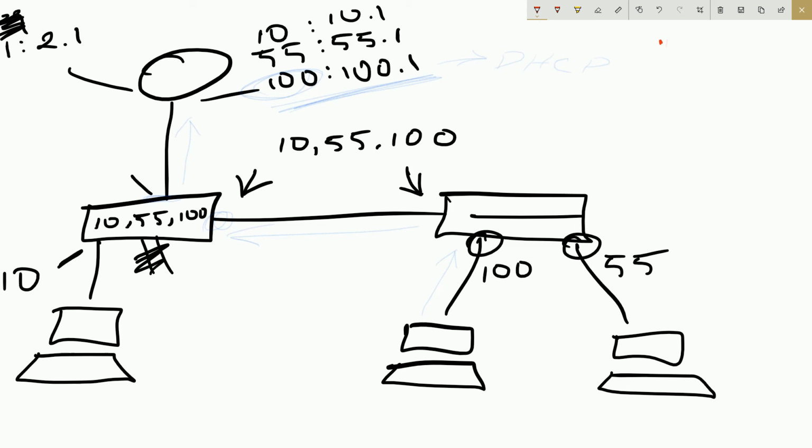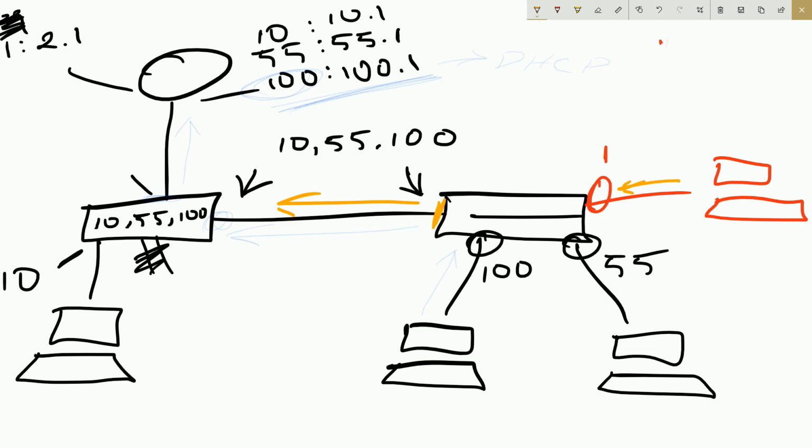Now, bonus points, if we put another PC over here and we assigned this port, or did no assignment on that port rather, would make it a part of VLAN 1. So his traffic would come in untagged, switch would see it was a part of VLAN 1. As long as VLAN 1 is allowed on this tagged port as the native, it will send it across the trunk or tagged link without a tag.